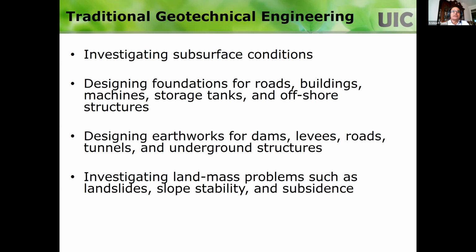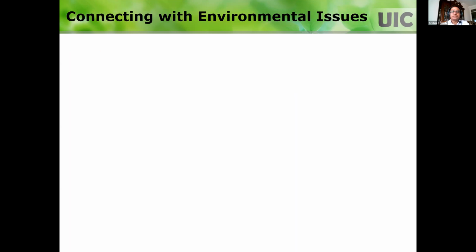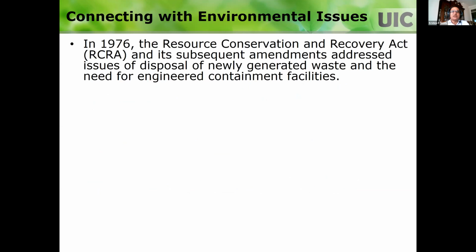These are all interesting things, and very important for building the infrastructure. But then, with population growth and not much awareness of environmental problems, people started to dump waste indiscriminately and started having environmental issues.